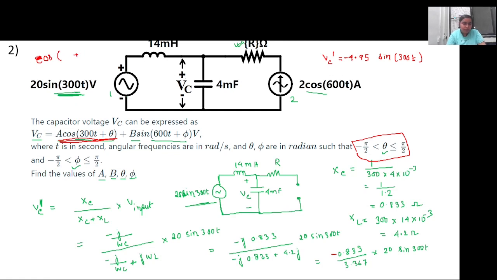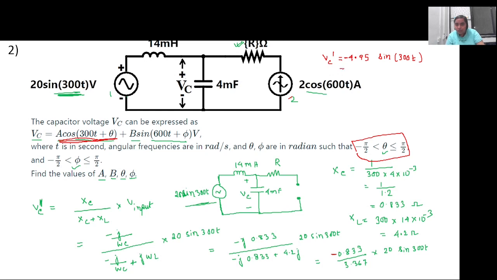Which way would you like to go? Since the question is written in terms of cos, it would be easier to compare and get to theta. So I had first gotten a value of theta, and then I'll write it in terms of cos.